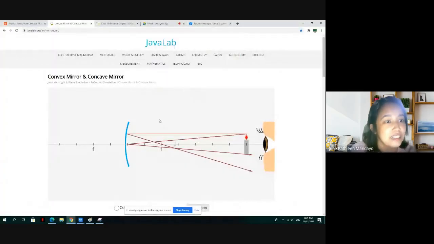Ito nga lang baliktad, ha? Nakita niyo na yung screen. Baliktad nga lang siya, pero same lang din yung principle na ginagamit.